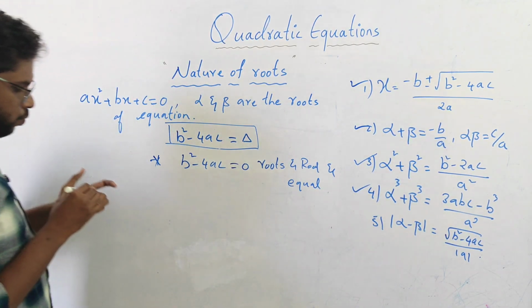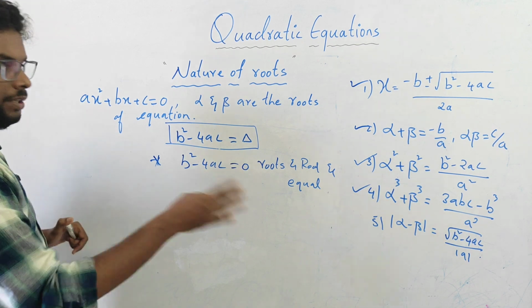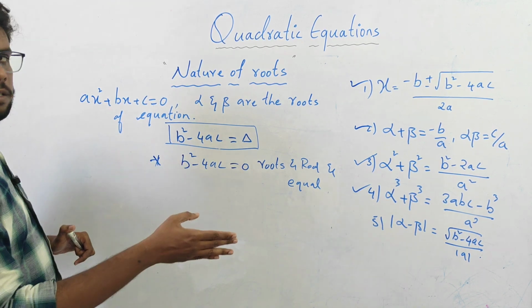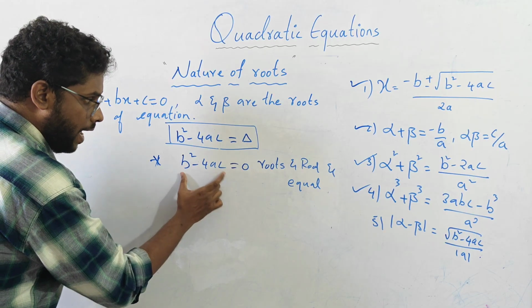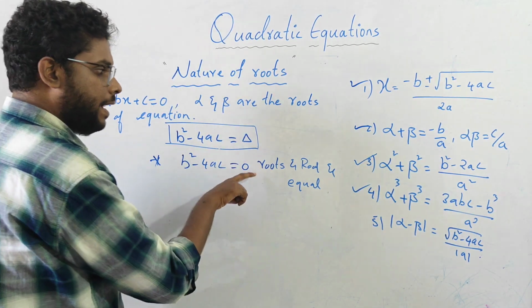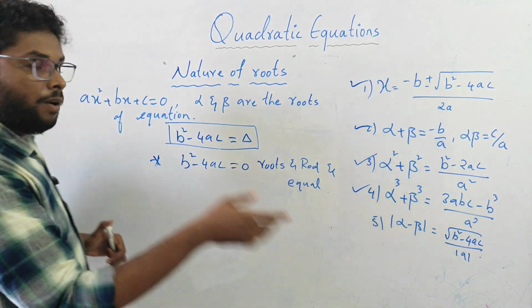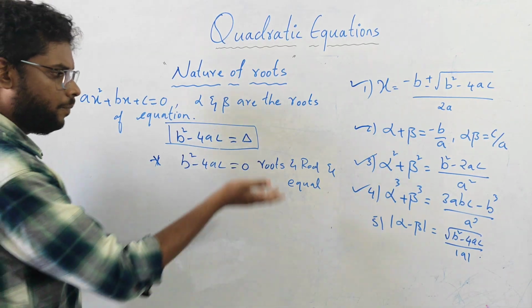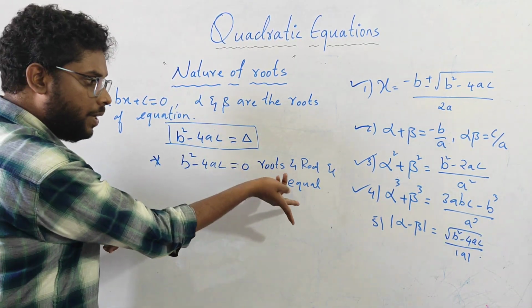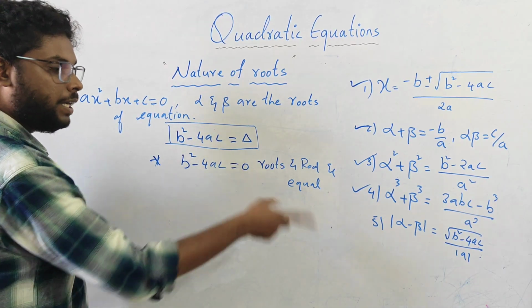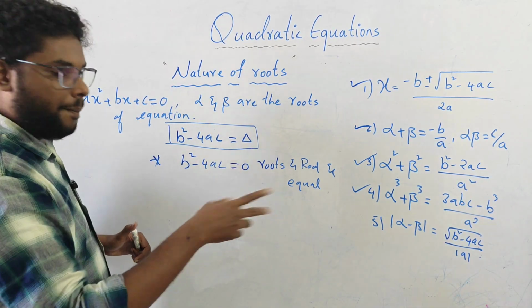Real and equal means both roots will be the same, like 3 3, 4 4, minus 1 minus 1. If the discriminant is equal to 0, then only we get the roots real. Real means we won't get imaginary, iota will not be there. You get real numbers from minus infinity to plus infinity. We can get any number and the roots will be equal, like 3 3, 4 4, minus 1 minus 1.